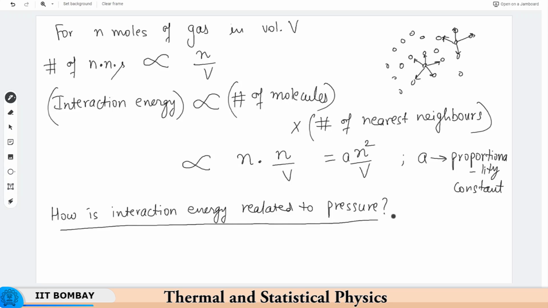Remember, in the ideal gas equation, the form that we saw was 1 by 3 rho v squared. This is the pressure exerted by gas molecules, this is the mass density of gas molecules, and this is the speed of gas molecules. In some sense, the pressure is nothing but the energy density.